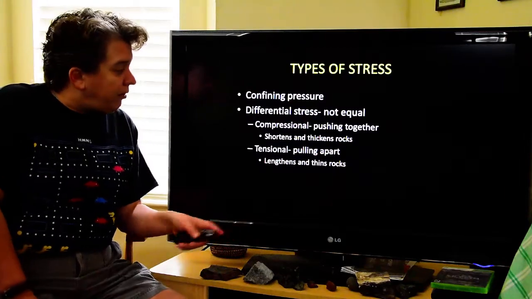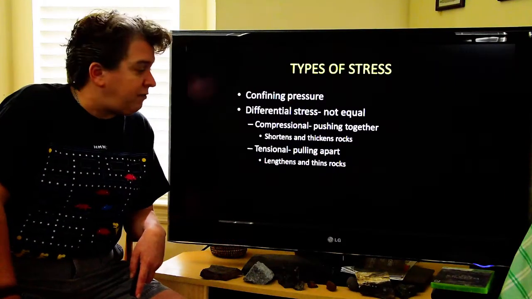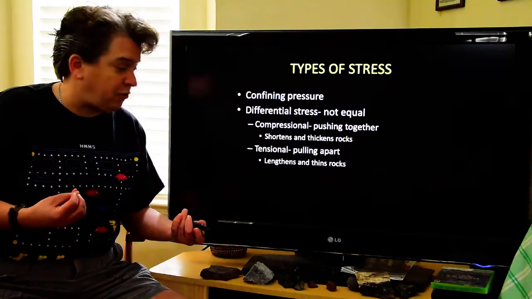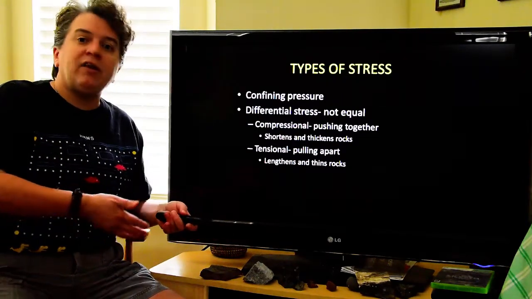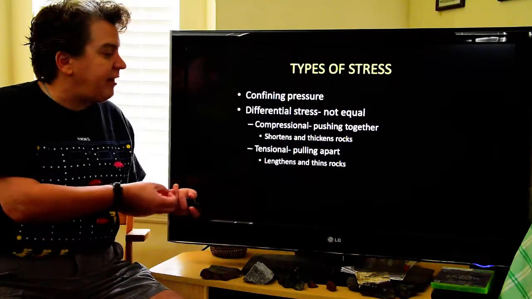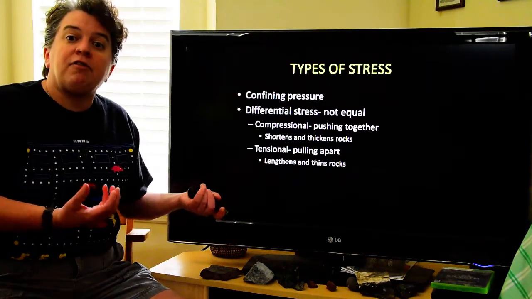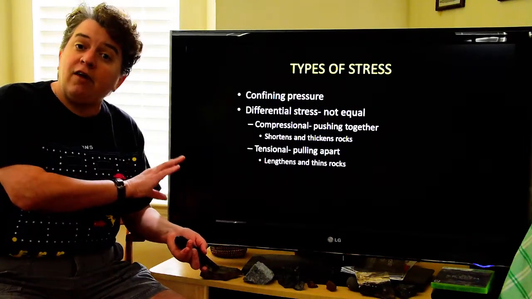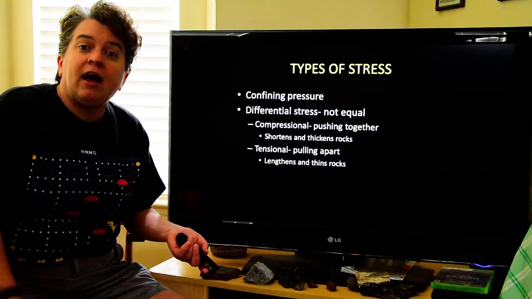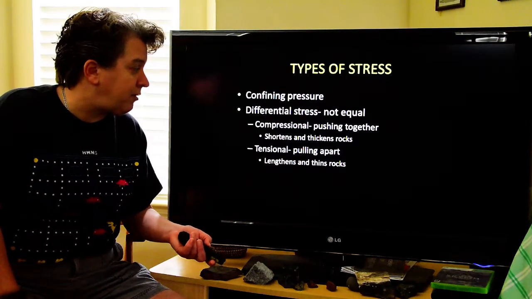Now there's also what's called tensional stress, and this is a pull-apart stress. And this is the opposite of your compressional, and so it does the opposite thing. It lengthens and thins the rocks, so they get pulled apart and thinner, and this is what you'd expect to have at divergent plate boundaries.